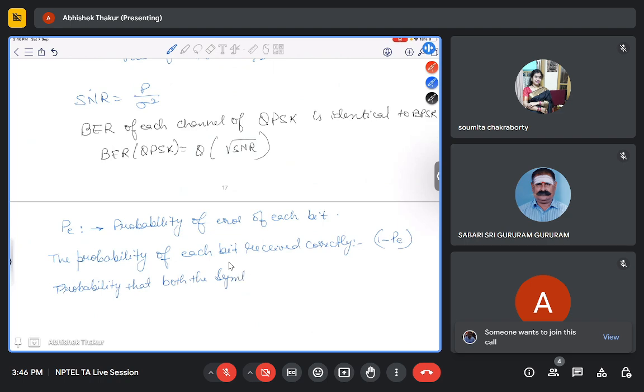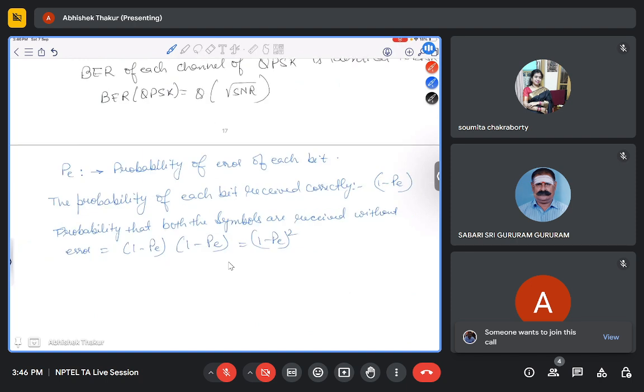Both the symbols here means quadrature phase and in phase. This is for the first symbol, and for the second symbol 1 minus P_E. So this will be (1 minus P_E) whole square.